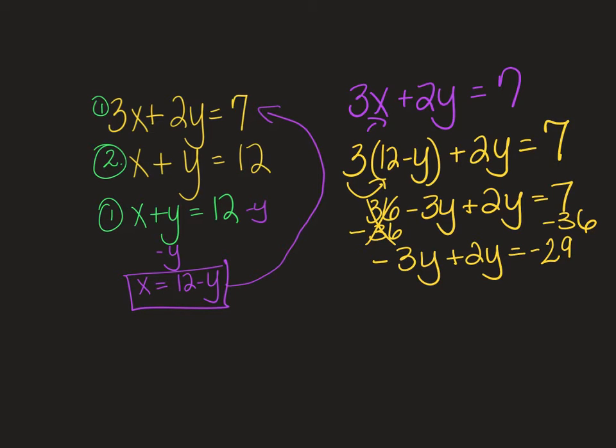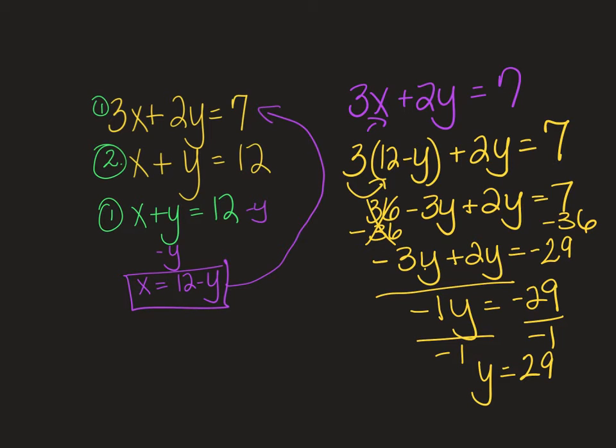Yes, it is negative, because when you have a positive and a negative, you actually subtract and keep the sign of the larger number, and the larger number is 36. Now I'm going to combine my like terms, and negative 3 plus positive 2 gives you a negative 1y equals a negative 29. Now, divide both sides by negative 1, and y is going to equal a positive 29.